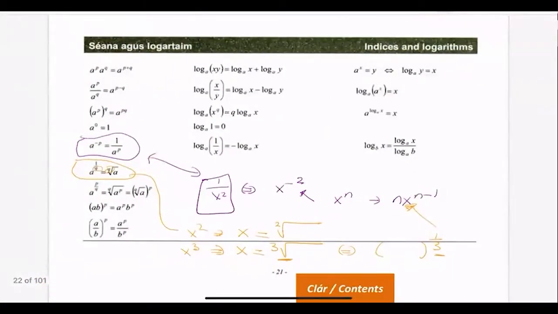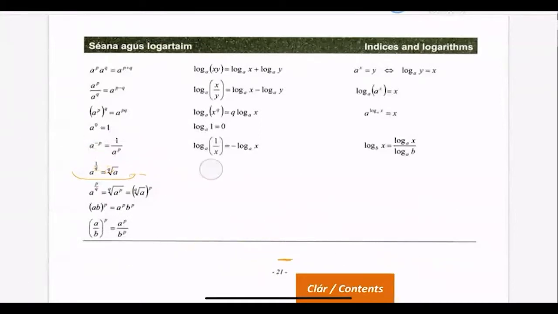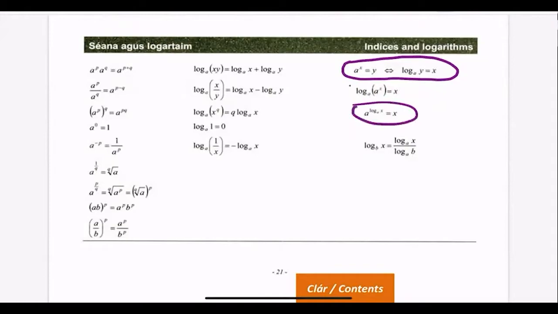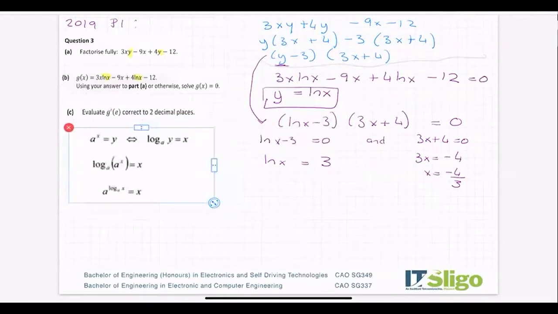And I'm going back for the rules of logs, which is the middle column, but more so the right-hand column when we're doing this. So depending on your preference, you can use the switch, or you can use one of these two. Okay, let's have a look at them and see what way to do it.